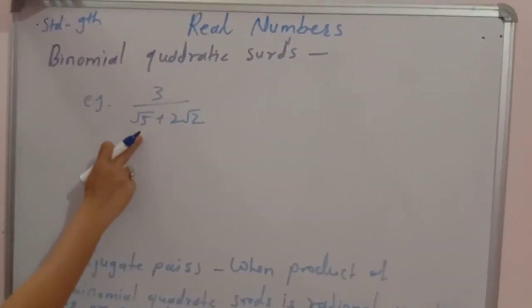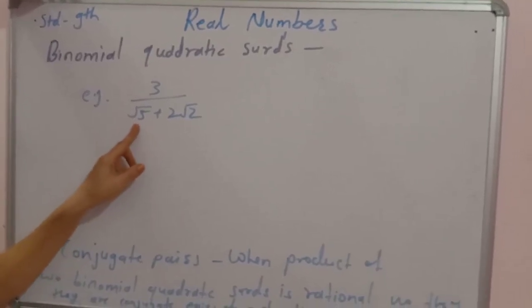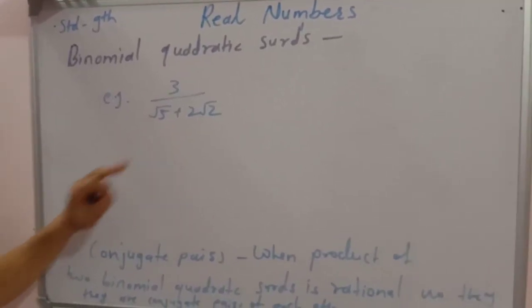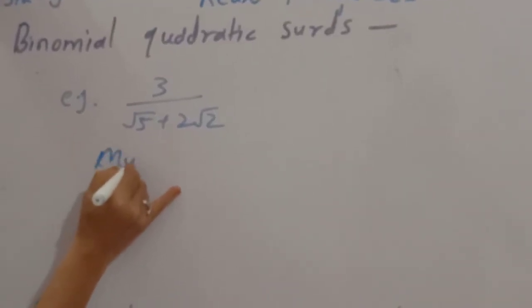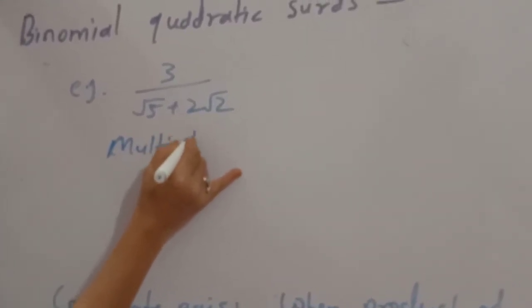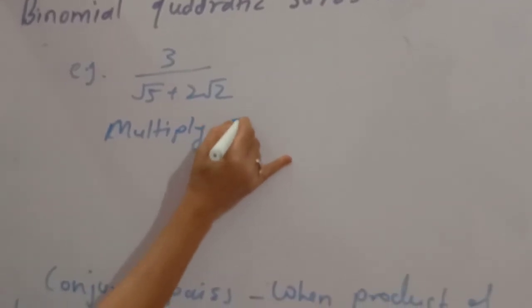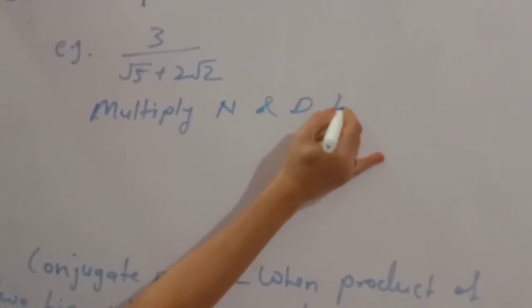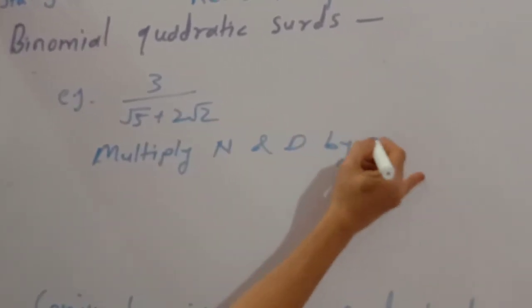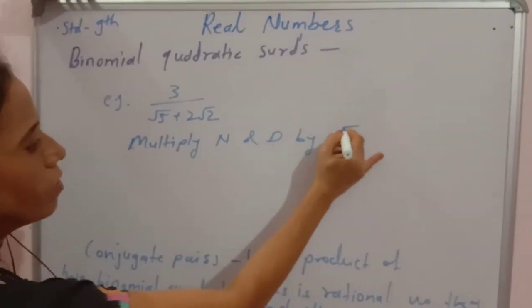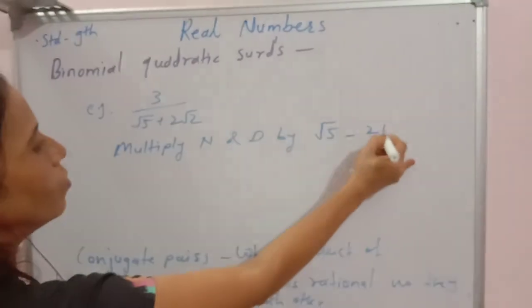So its conjugate pair is what? Root 5 minus 2 root 2. Therefore multiply numerator and denominator by its conjugate pair, root 5 minus 2 root 2.